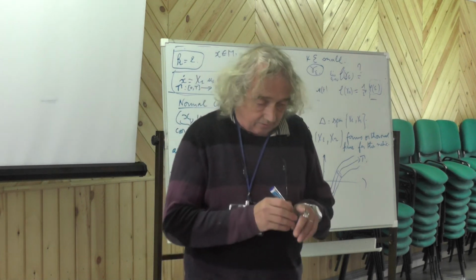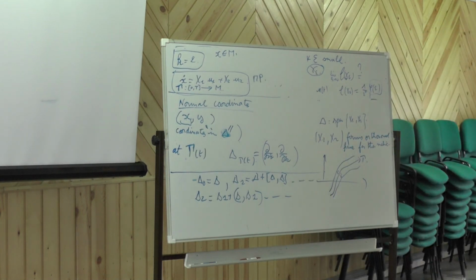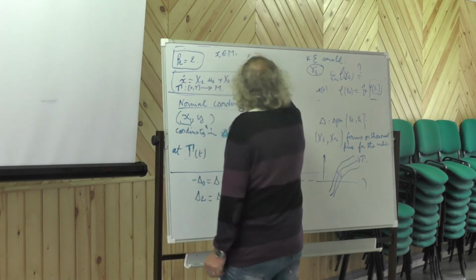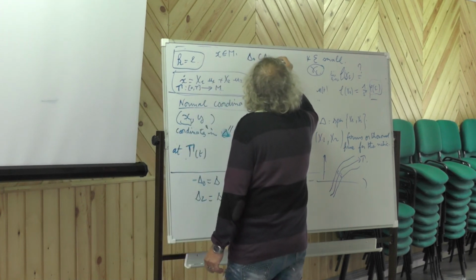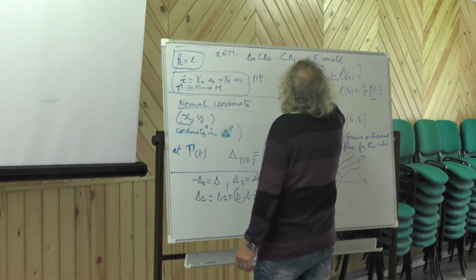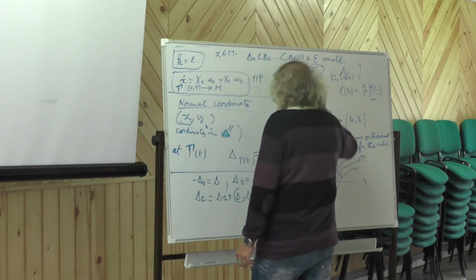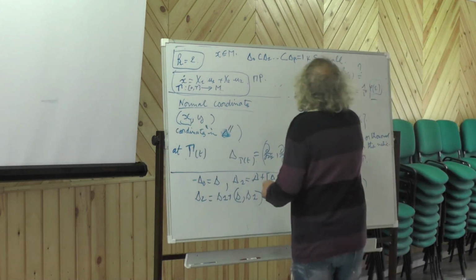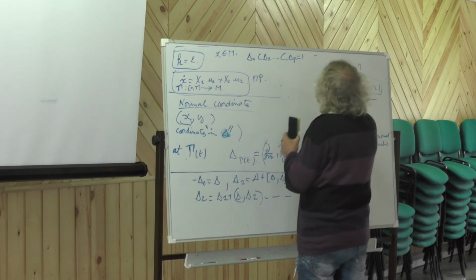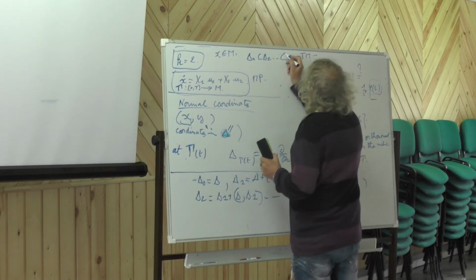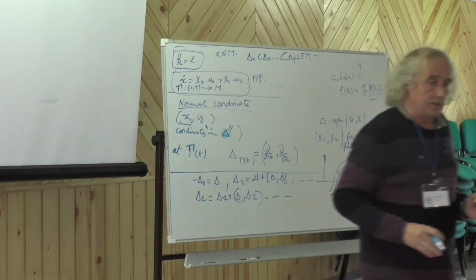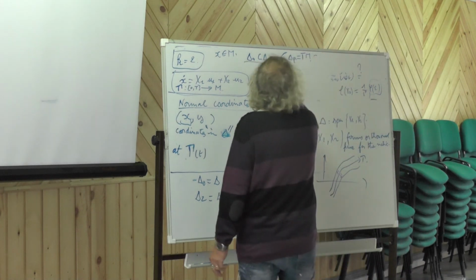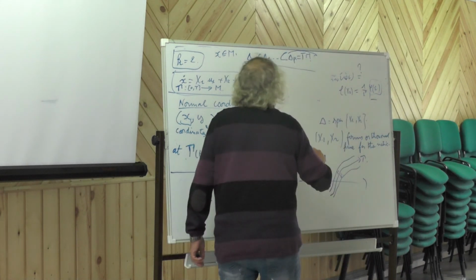So you consider this flag of distributions. Then delta 0 is contained in delta 1 and so on up to delta p, which is equal to the tangent bundle, due to my non-integrability assumption. Due to the non-integrability assumption, you have these inclusions.